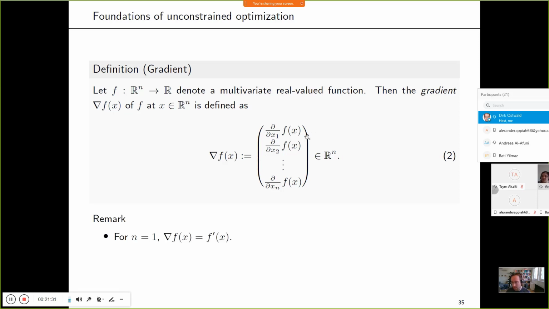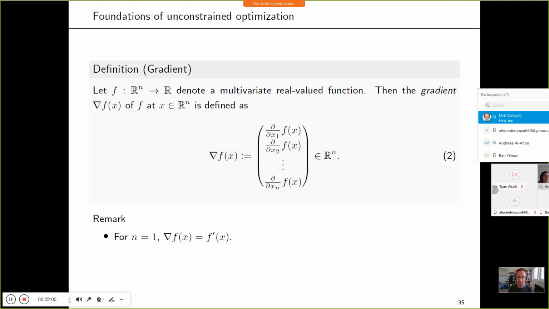The important thing that you also need to keep in mind always is, of course, that the gradient is just the generalization of the first derivative of a function from a univariate real-valued function to these multivariate real-valued functions. By the way, there is also the first derivative of a multivariate vector-valued function, which I will not show here.